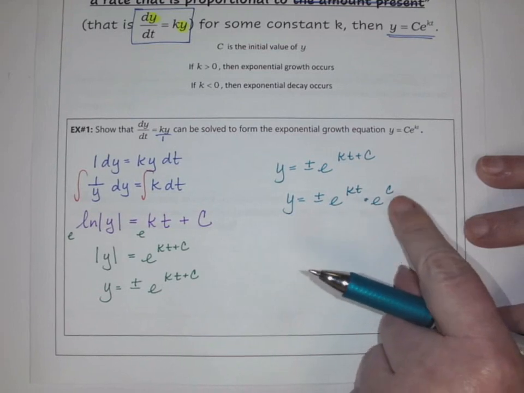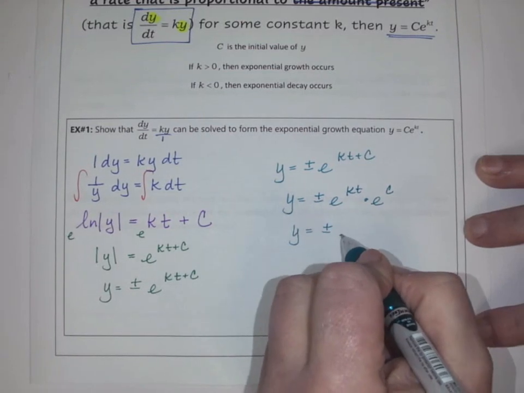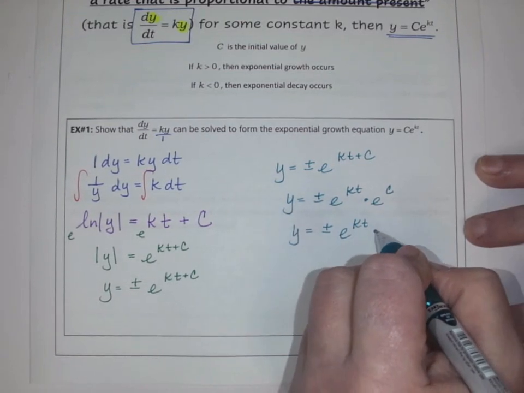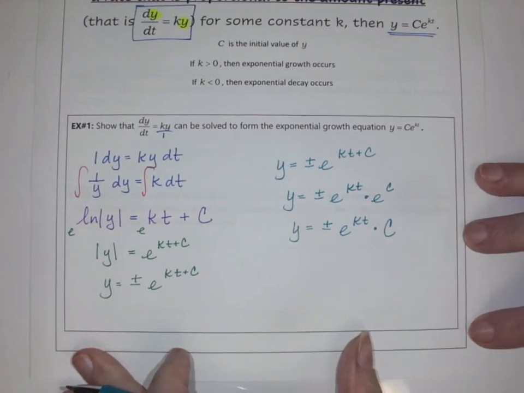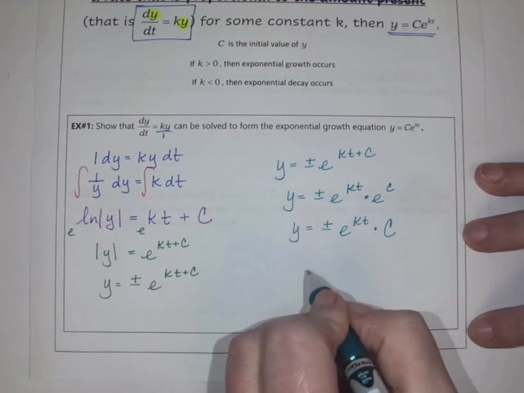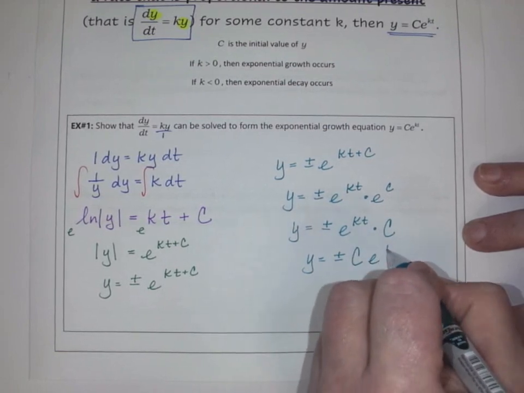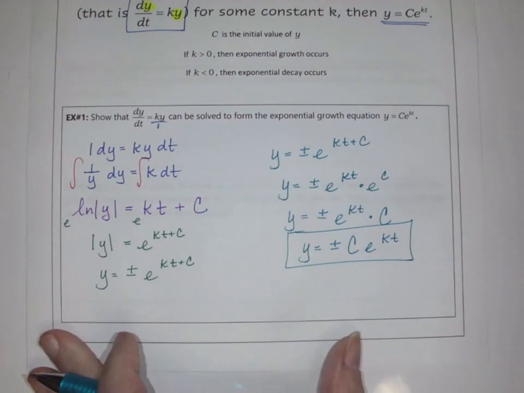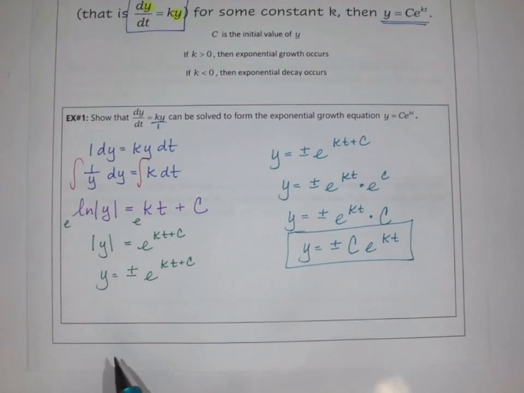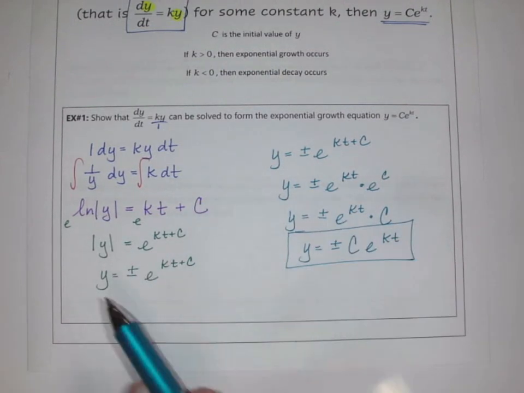Now, e to the c is all numbers. Because it's a big number, we can call it a big C. We don't know what it is, but it's just a number. It doesn't involve a variable. And then we can move and manipulate and put our C in front. Hence how we get y equals plus or minus ce to the kt.